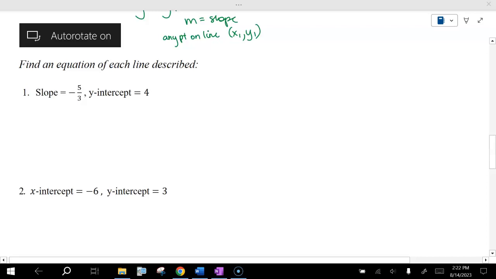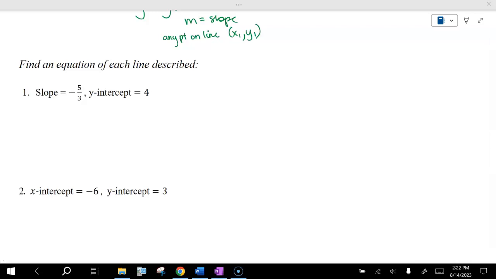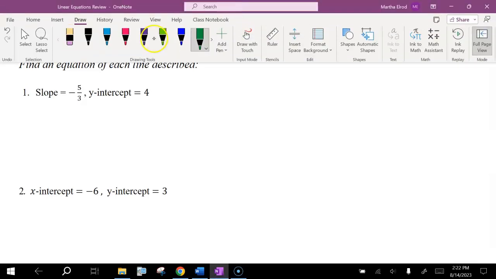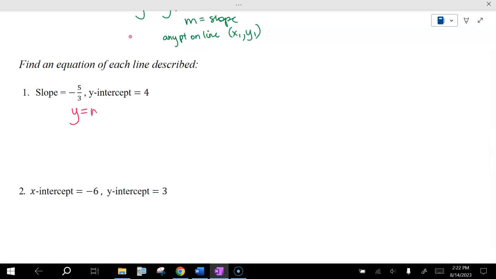So part of trying to figure out the equation for these lines is to determine what you've been given and which form of the equation you want to use. Typically, you're going to want to use either slope-intercept form to get started or point-slope form. So in this first one right here, they actually give us our y-intercept and they give us the slope, so it's easier to put this into slope-intercept form.